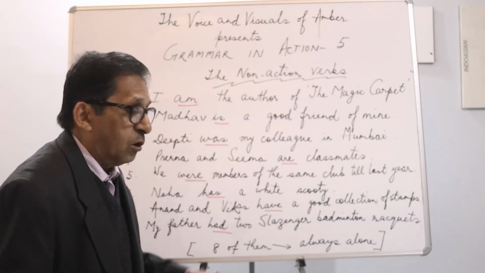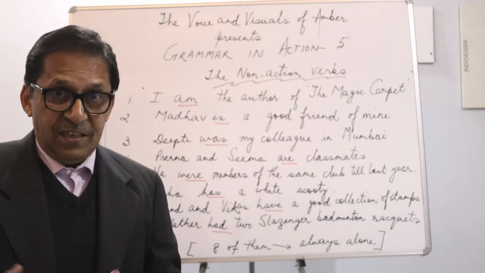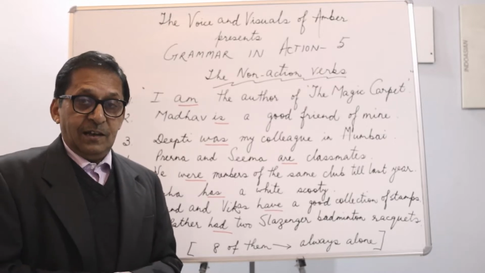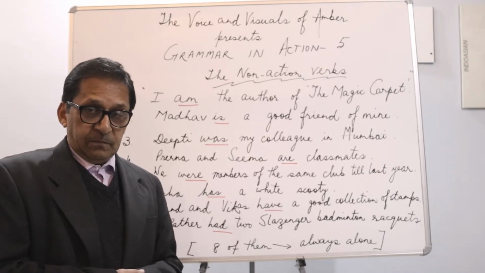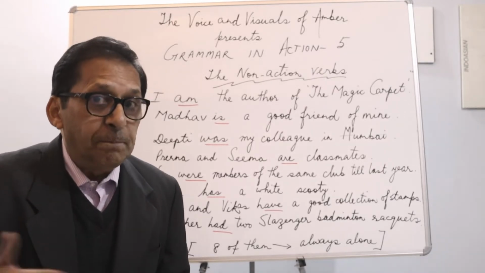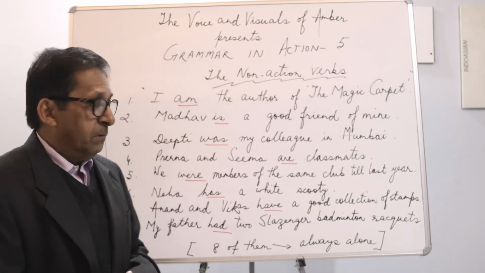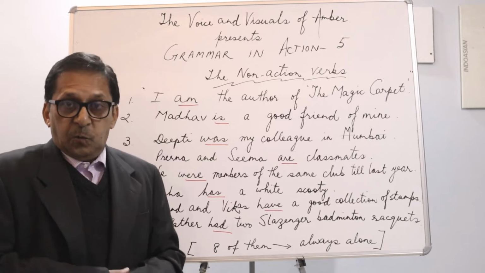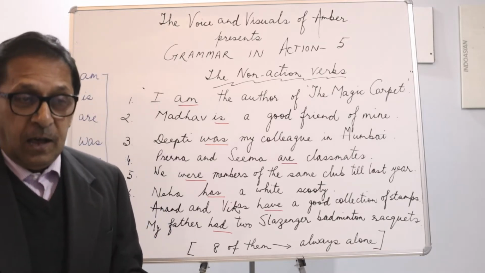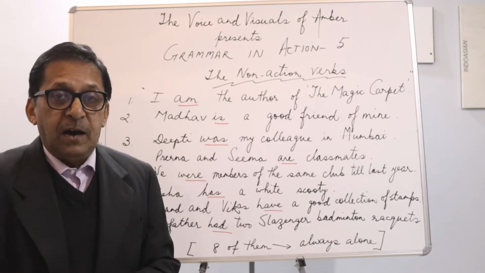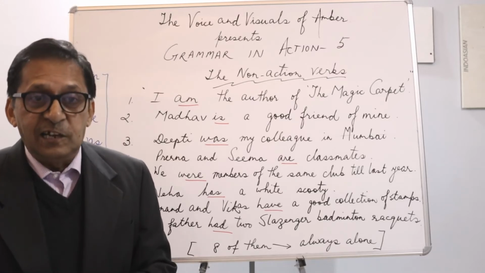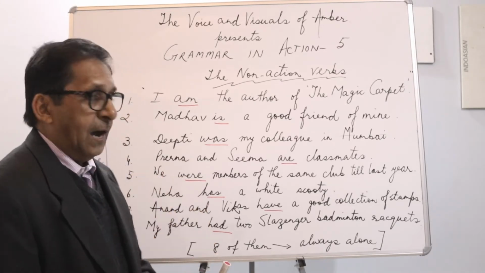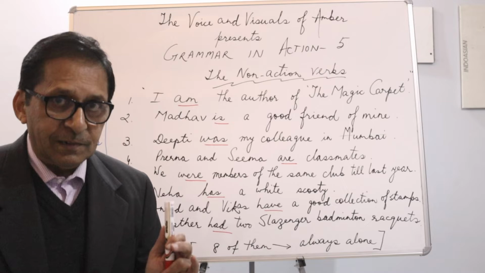This sentence does not talk about what we did as members of the club till last year. It does not talk about whether we played hockey or badminton or cards or billiards, or attended balls, parties, or dinners. No, we were members of the same club.